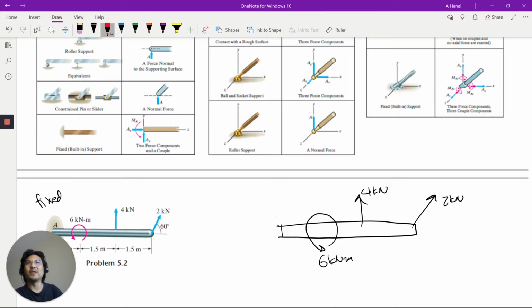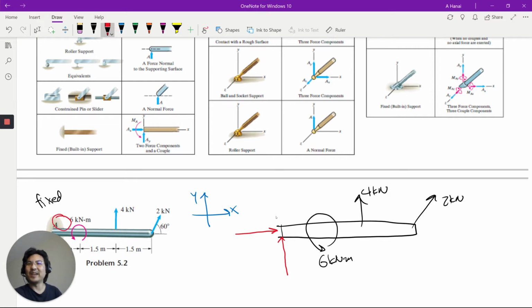For the reactions, I'm going to pick coordinates like this, x and y. There's going to be a reaction force here, but right off the bat I'm going to decompose it into components.